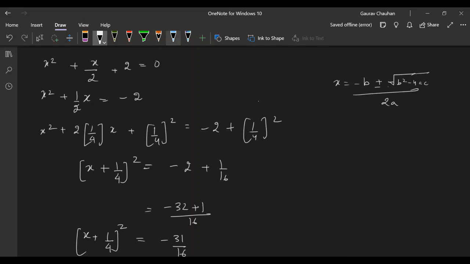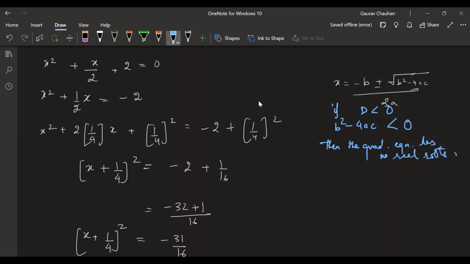In that formula, this particular part is the discriminant, and if this thing is negative, then root over a negative number is basically an imaginary number. It's not real. So we say if b square minus 4ac is less than 0, that is, the discriminant is less than 0, then the quadratic equation has no real roots.